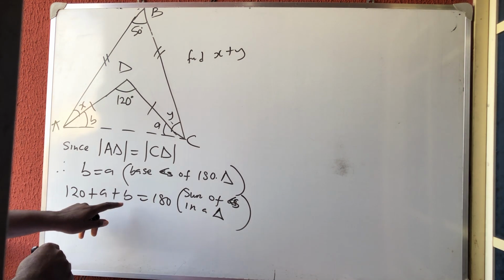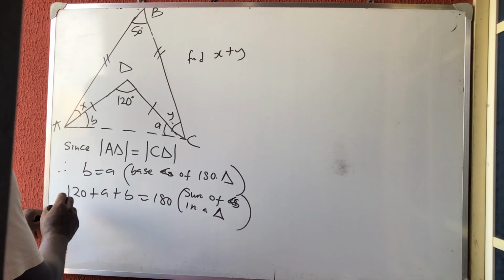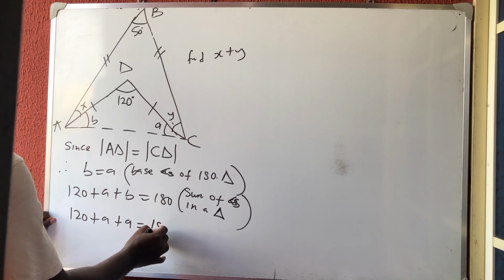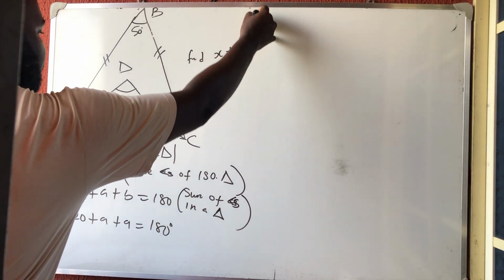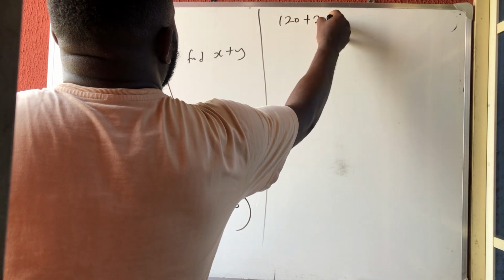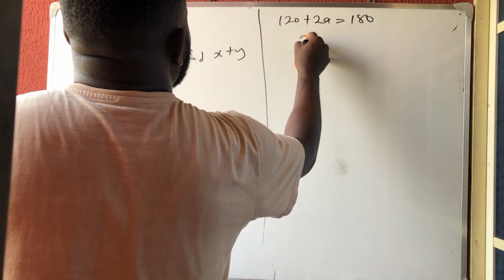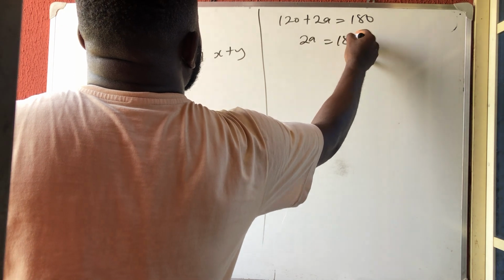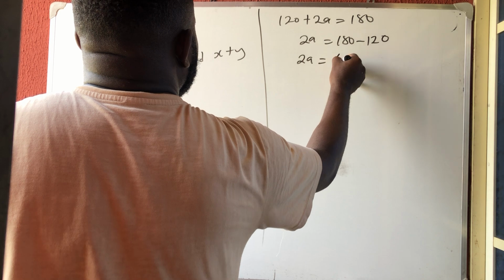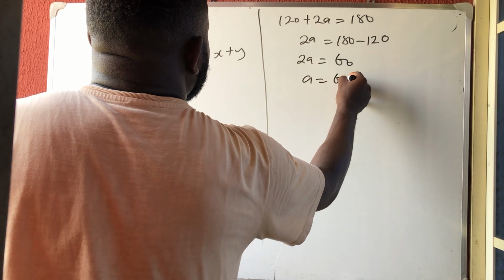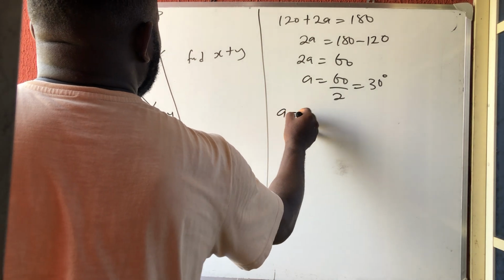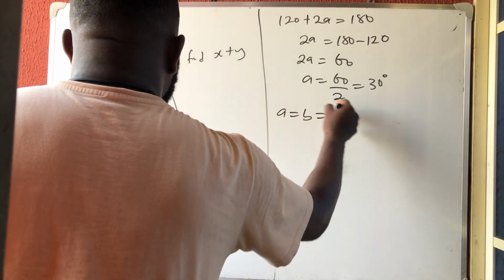But B is equal to A, so I can put A to be B. So therefore I'm having 120 plus 2A is equal to 180. So 2A is equal to 180 minus 120, so 2A is equal to 60. Therefore A is equal to 60 divided by 2, which is 30 degrees. So I've gotten that A is equal to B, which is equal to 30 degrees.